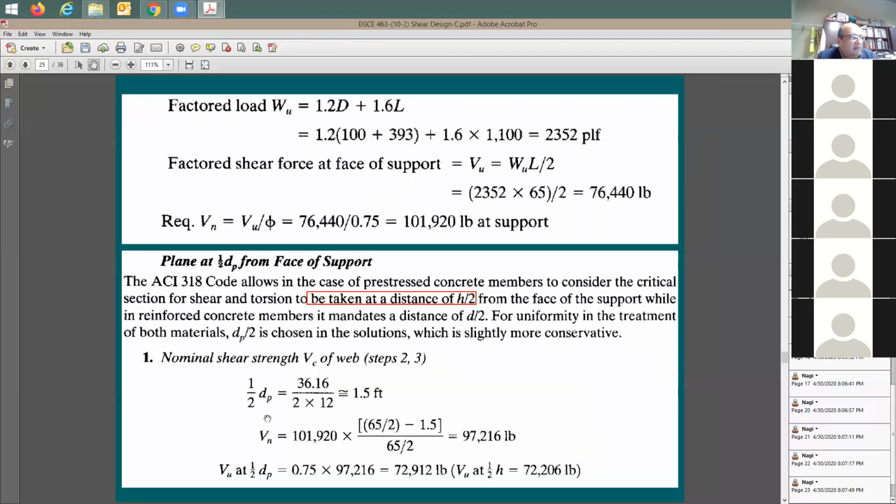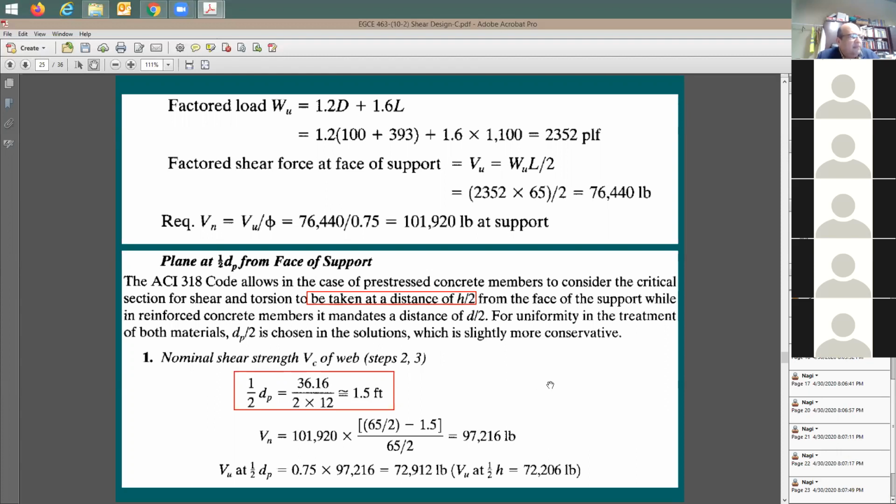But in this textbook, he decided to go 1/2 of d sub p, just to be consistent. So it's up to you. Do you want to use 36.16 divided by 2, or 40 inches divided by 2? It doesn't matter. I personally just go to h/2. I'm going to do my design for the project with h/2.